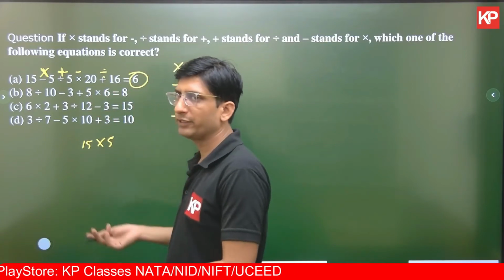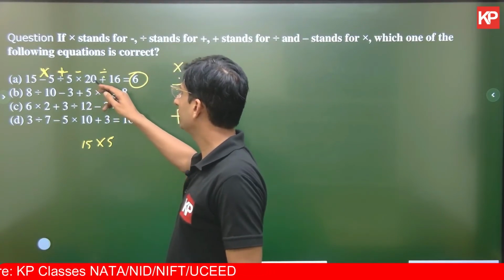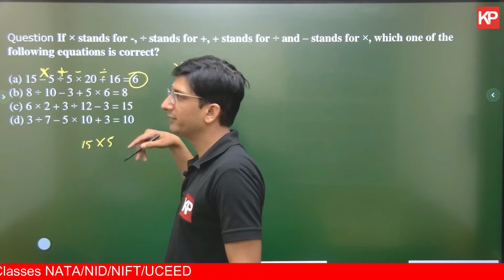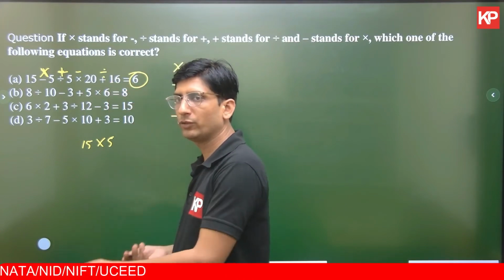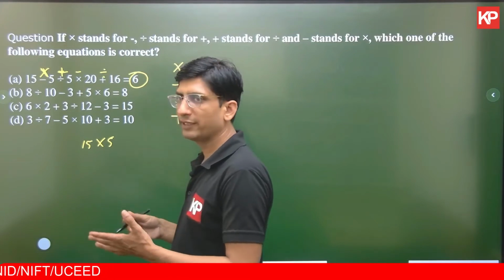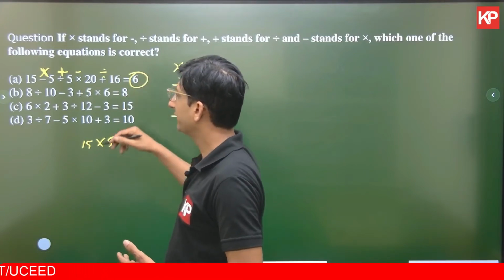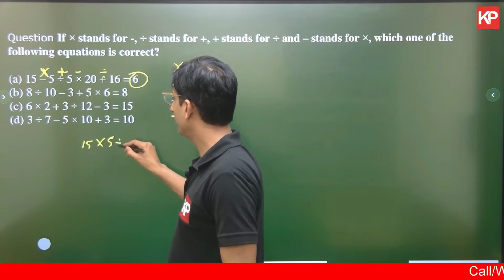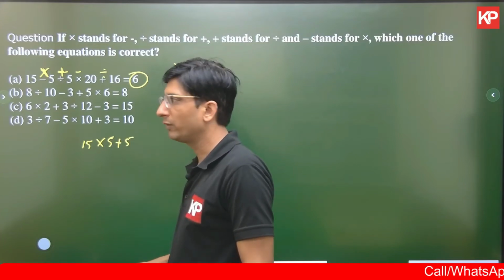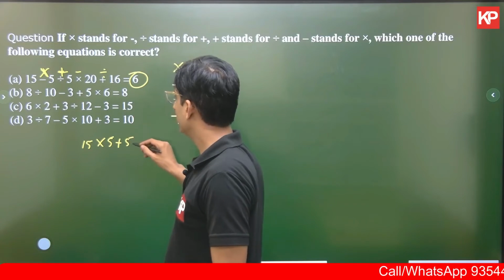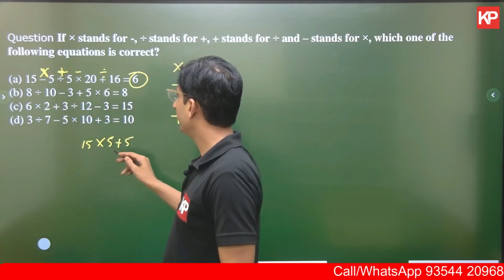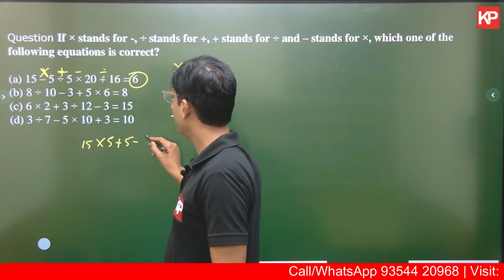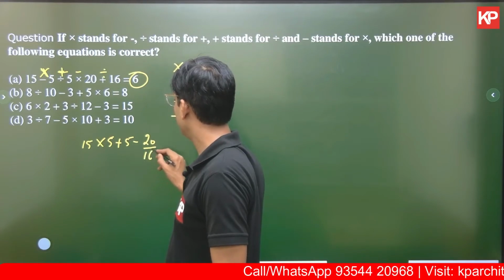Although it seems it is not going to be correct, because now the value goes into a fraction, but our answer is 6, not a fraction. But still, let's solve it. Just to give you an idea, in the next question I am going to solve it further.